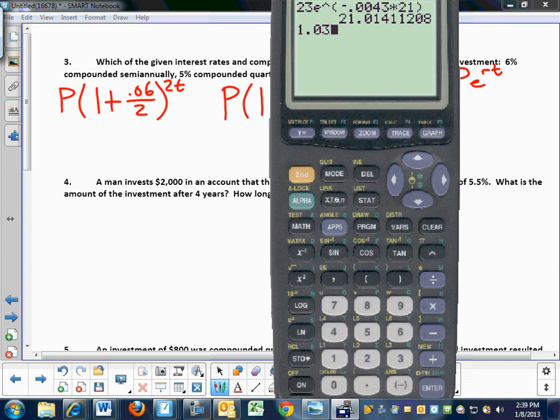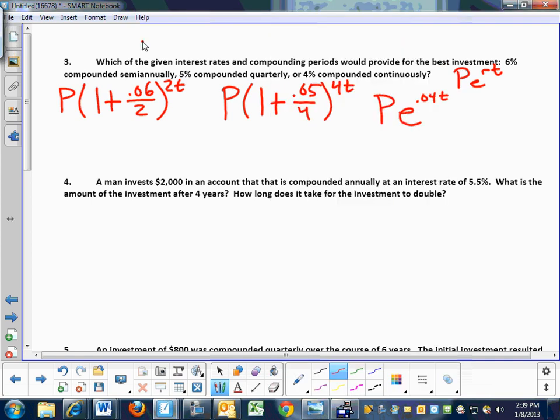And I'm going to use up that 2 in the exponent by squaring it. What I end up with is 1.0609. So I have the principal times 1.0609 to the t power. So if I can write these other two using just p and t in this form, then I should be able to tell which one's a better investment.